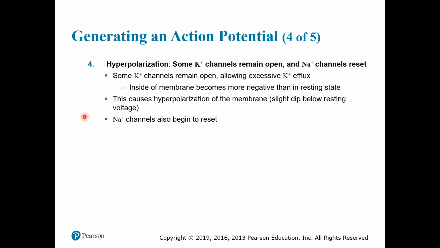So hyperpolarization is when some potassium channels open, so more, or excessive is a better word, efflux of potassium, which makes the inside even more negative. So this could be like minus 85 to minus 90 millivolts of the membrane potential.